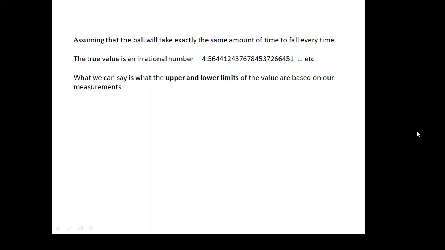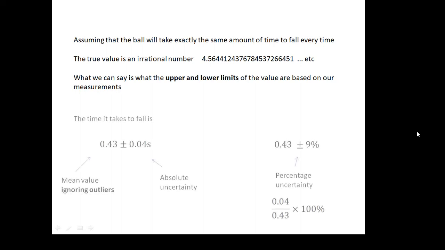We can say that the average is about this and it's between this and this. And this is what we mean by uncertainty. The time it takes to fall is 0.43 plus or minus 0.04 seconds.